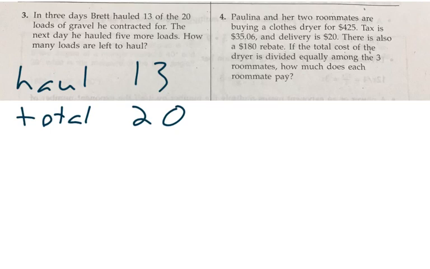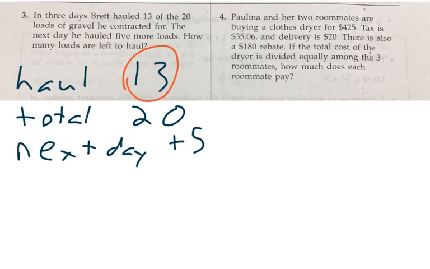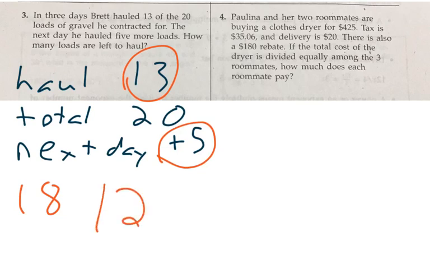The next day, he hauled 5 more loads. So how many does he have left? If he already hauled 13 and he hauls 5 more, how many did he haul total, all together? 18. So if there's 20 loads total, how many loads does he have left? 2.